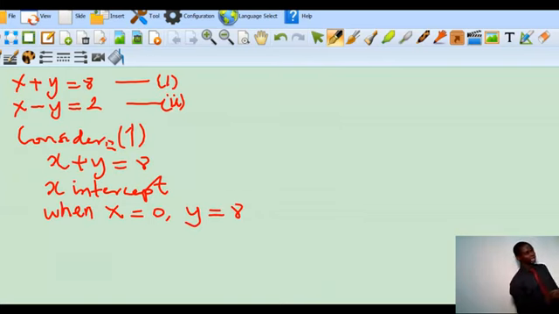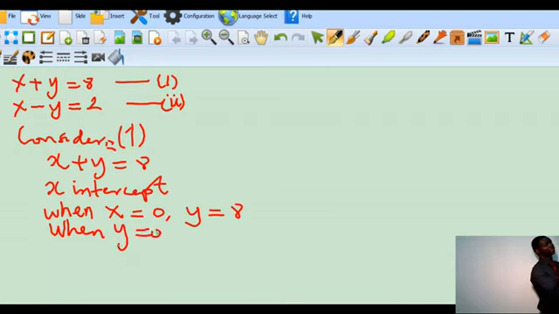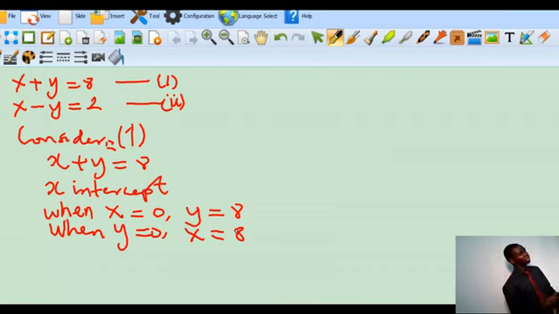Similarly, when y is equal to 0, our x will be equal to 8. All you need to do is to put x to be 0 in equation 1 and put y to be 0 to obtain two values. These two values will be used to plot the graph later on.